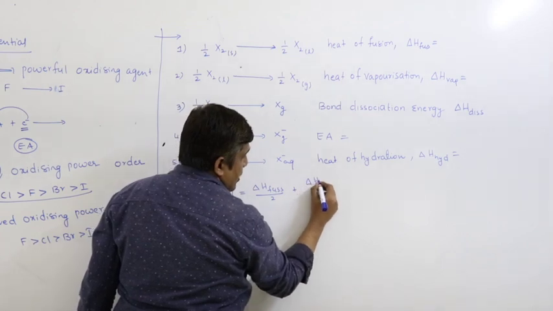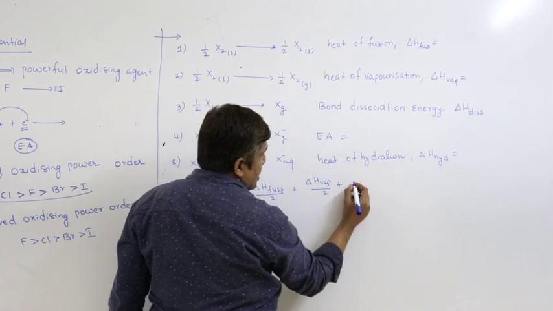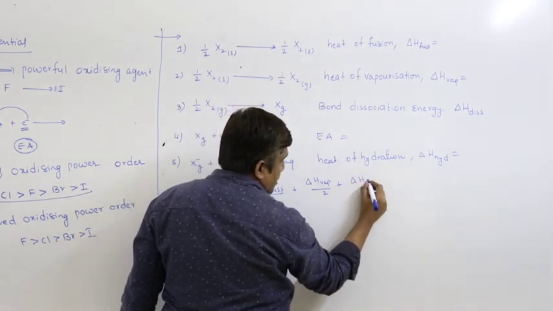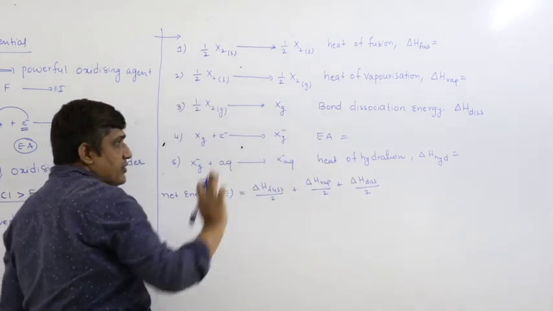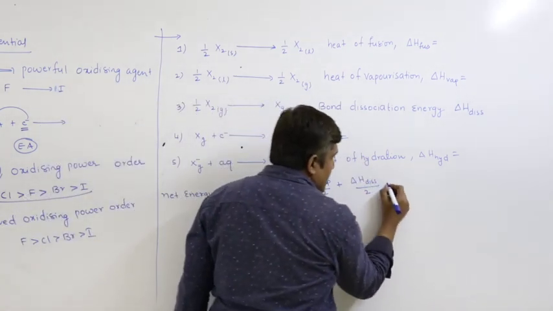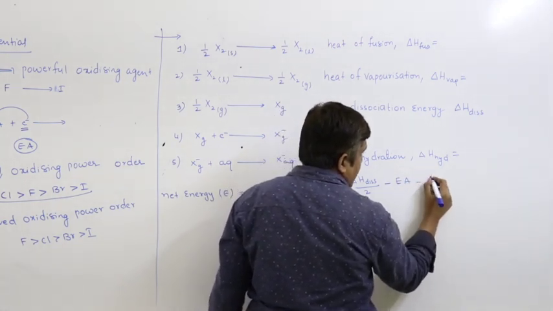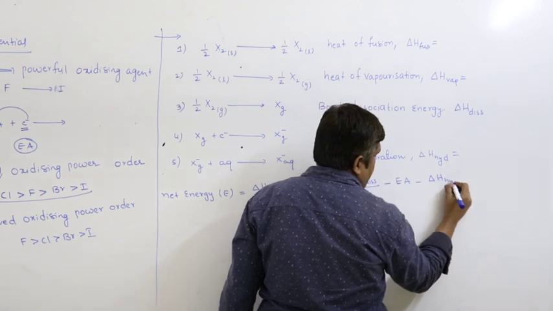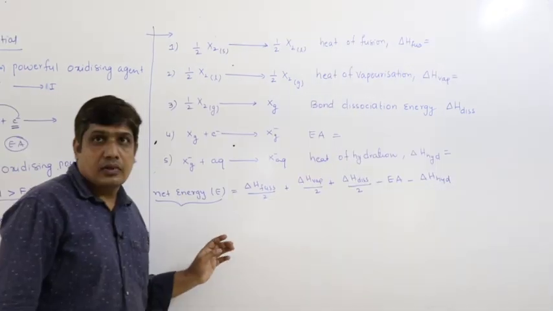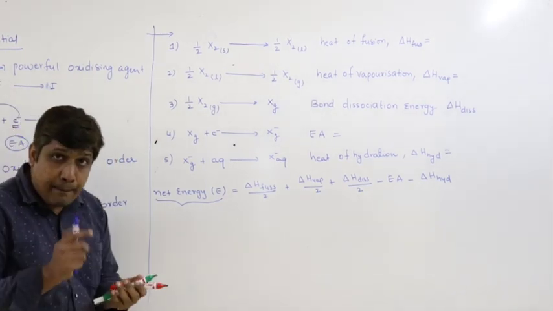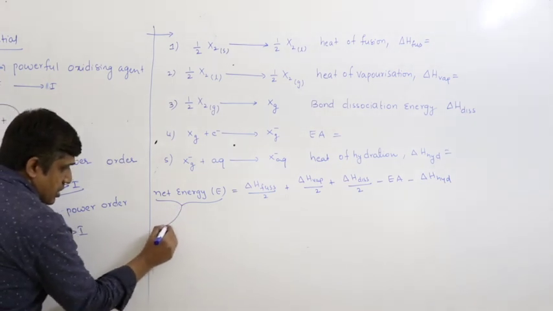So delta H vaporization by 2 plus bond dissociation energy, delta H dissociation, also defined for a mole, so here also we are taking half mole and dividing by 2. Next, energy will be released, so minus EA. Heat of hydration, here also energy is released, delta H hydration. So the sum of all these, the net energy, is the measure of oxidizing power or oxidation potential.